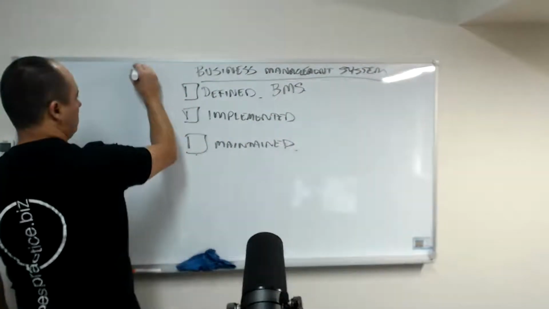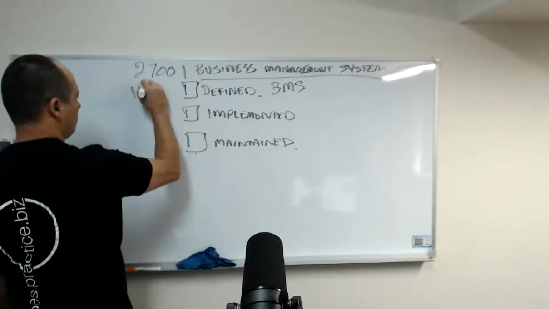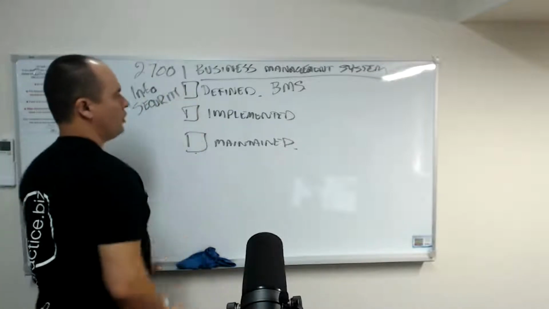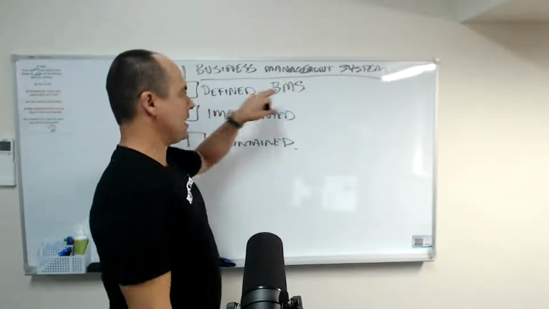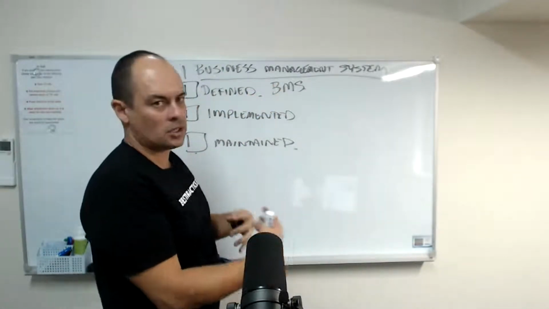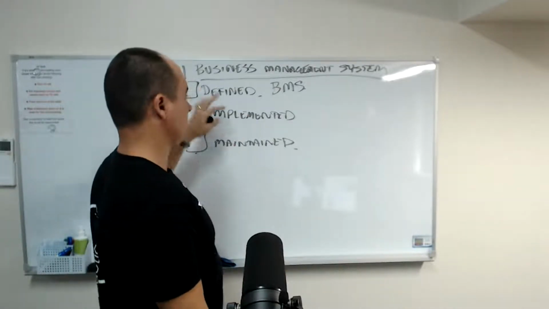In this instance, it's your 27001 information security. The first question we're asking is: is that system defined? Have you defined how you're going to manage information security, and are you following the context of ISO 27001?